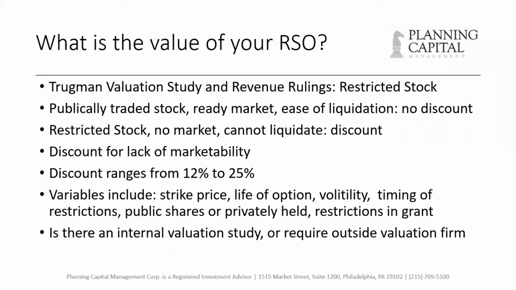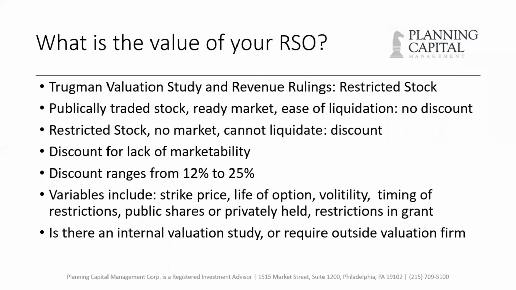Now, the discounts that the valuation firms look at are things like strike price and the life of the option, the volatility, the timing of the restrictions, and of course the restrictions in the grant. And are the ultimate shares that you would be exercising, are they publicly traded shares or are they privately held? All these variables would be considered by the valuation firm in determining what the value is.